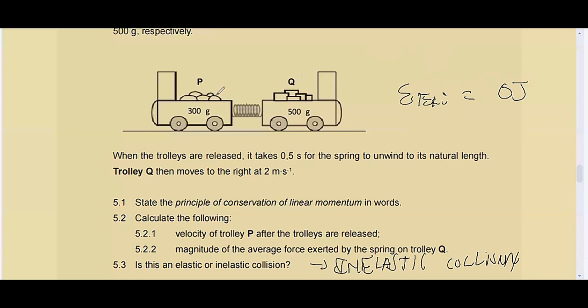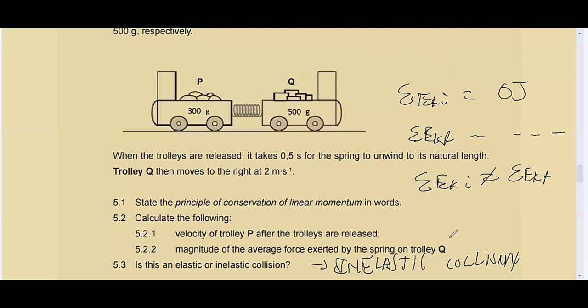So there is no velocity for P, no velocity for Q. The velocity is just 0. So that's 0 joules. And then obviously the sum of EK finally would end up giving us something. So because EK initially would not be equal to the sum of EK finally, you'd say this is an inelastic collision, right? Which is why they just asked it as a question, is this an elastic or inelastic collision? It should tell you that it's inelastic.